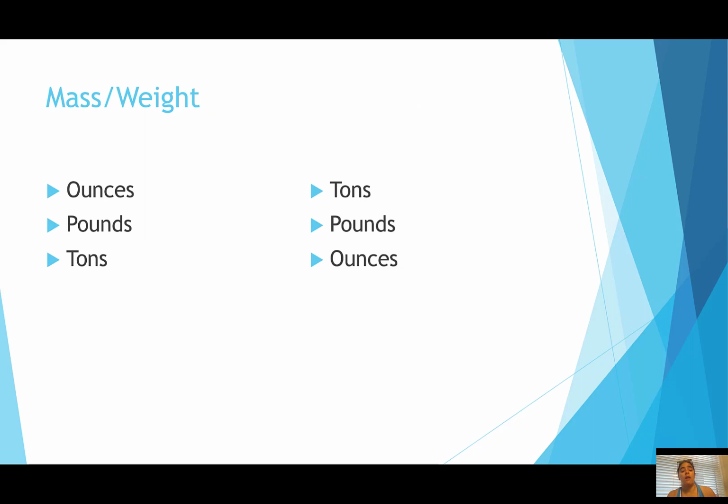So in order from smallest to biggest, or from the lightest to, can't spell today, the lightest to heaviest, I have ounces, pounds, and tons. And if I go the other way, starting at the heaviest, I have tons, pounds, and ounces.